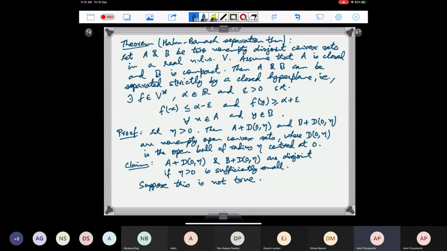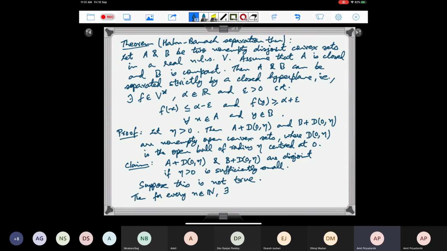In particular, if I take eta equal to 1 by n, then for every n in N there exists some point in the intersection.